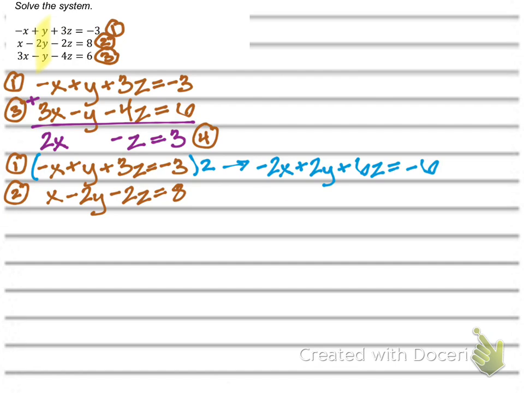He is still x minus 2y minus 2z equals 8. So now I can add these guys together. And I'm going to have negative x plus 4z is 2. And this is equation 5.